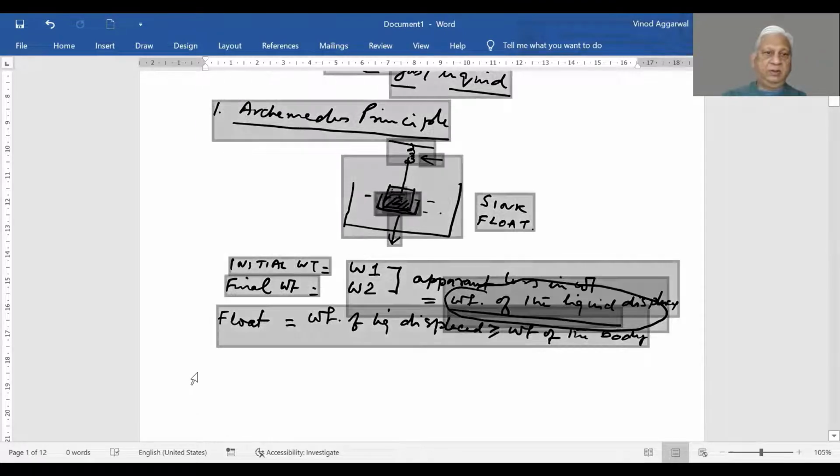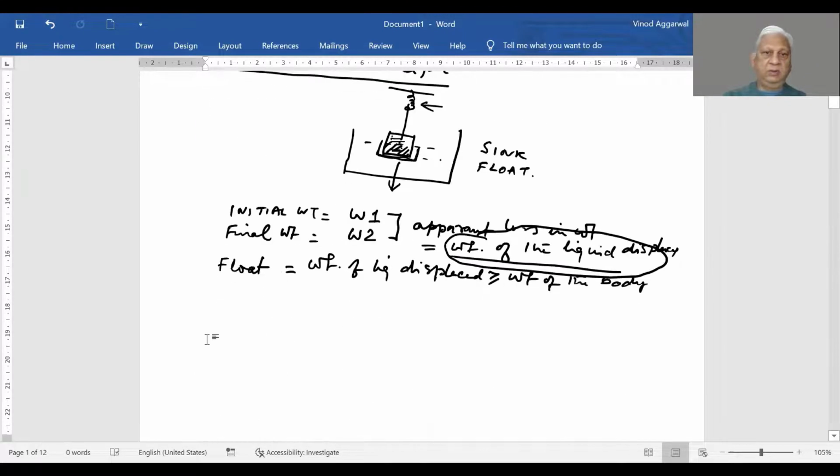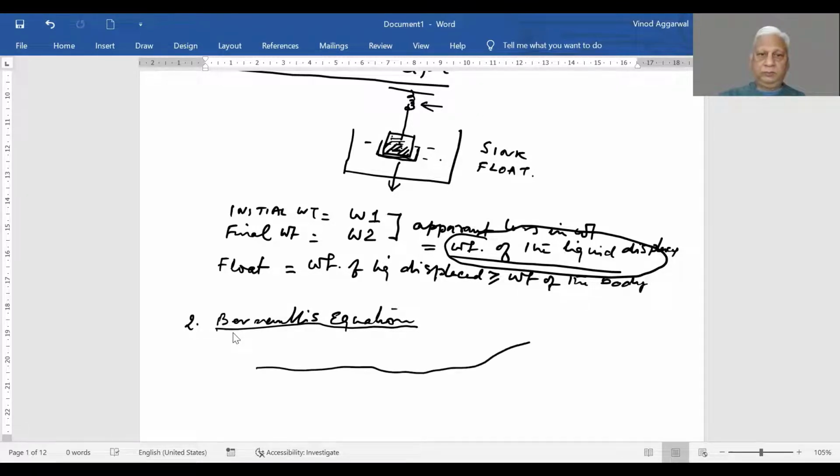Now, the second principle is Bernoulli's equation. What this equation says is, suppose you have a pipe in which liquid is passing from point A to point B in this direction.